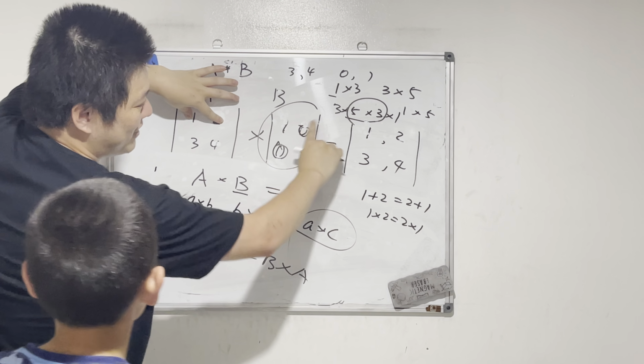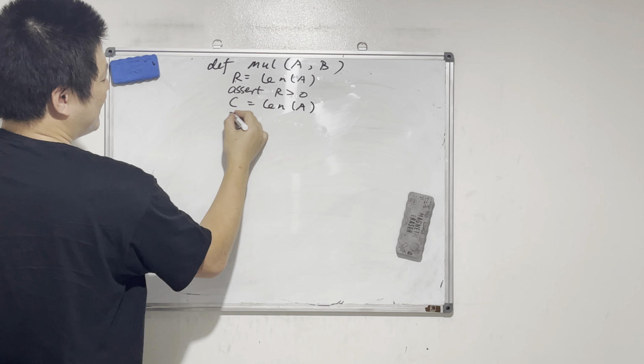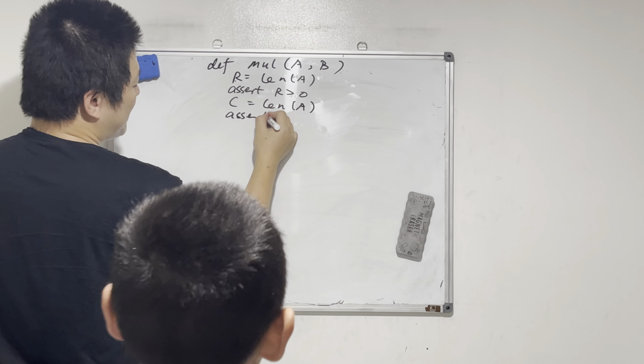So let's implement this, okay? That will be easy. Multiply A and B. The first few steps are similar. First of all we need R equals length of A, and then assert R bigger than 0. Then C equals length of A[0], and assert C bigger than 0.